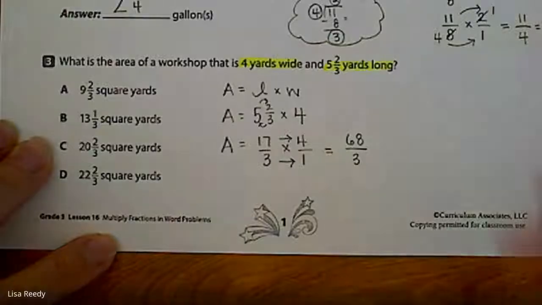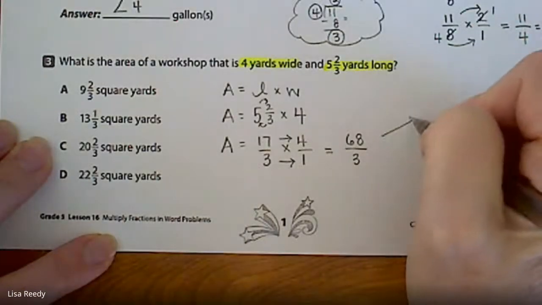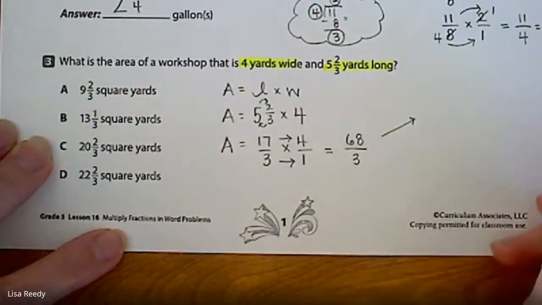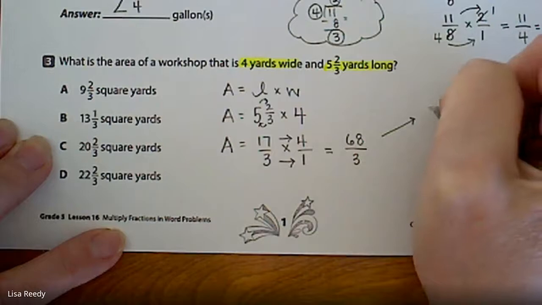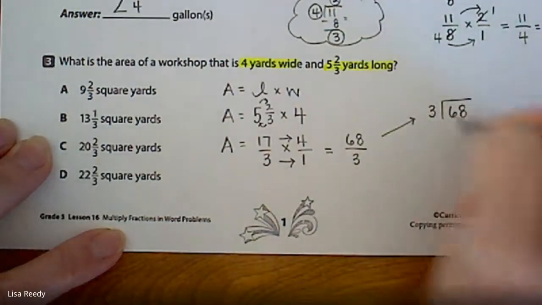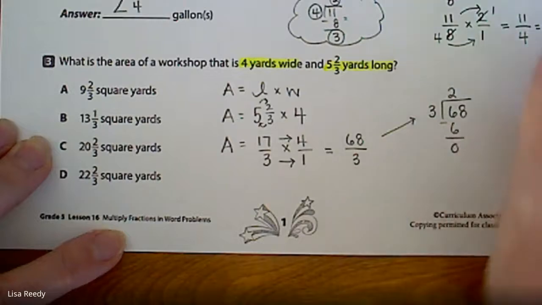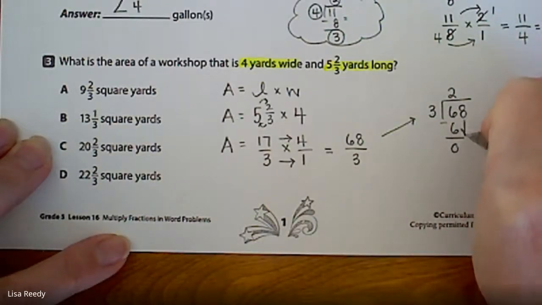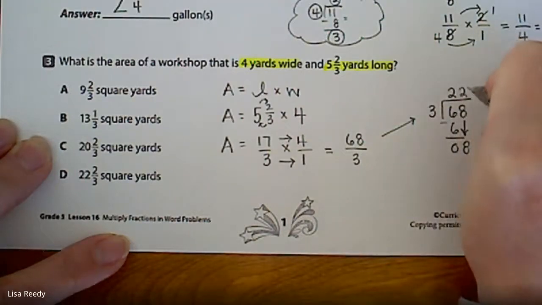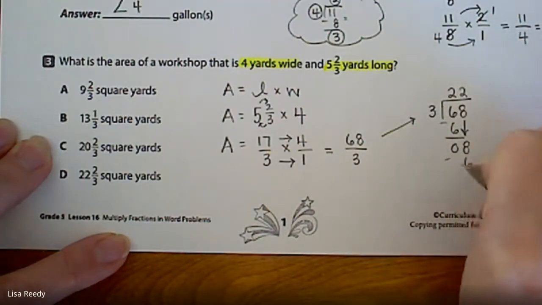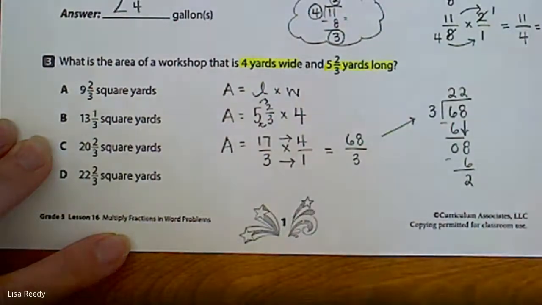Now we have to change this improper fraction to a mixed number. So I'm going to take 68 and divide by 3. 3 goes into 6 2 times. 2 times 3 is 6. Subtract, I get 0. Even though this is 0, I still have another number to bring down. 3 goes into 8 2 times. 2 times 3 is 6. Subtract, I get 2.